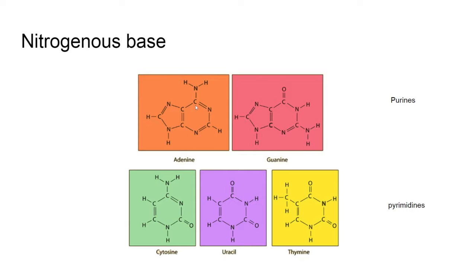We notice over here that the purines have a six-membered ring with carbon and nitrogen, with a 5-membered ring, while over here with the pyrimidines we only have a 6-membered ring with carbons and nitrogens.